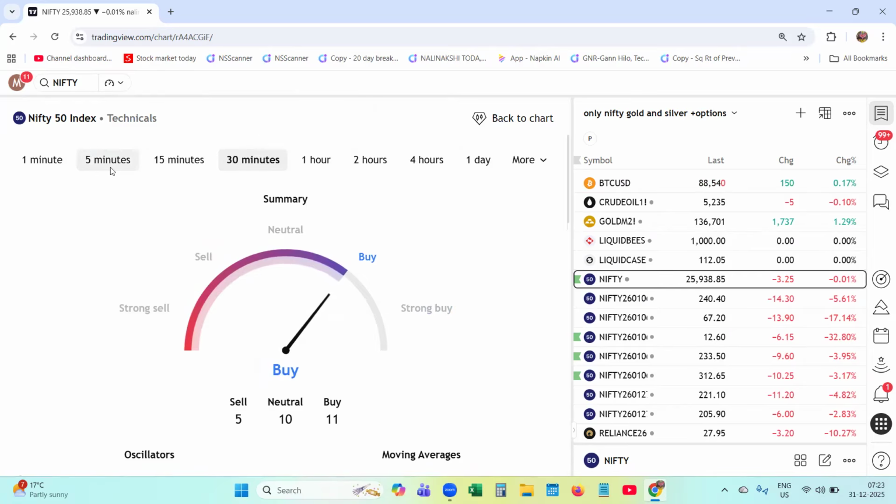So while closing, you got this. Like that, you can check. It is an added new feature on TradingView. You can explore and utilize that.